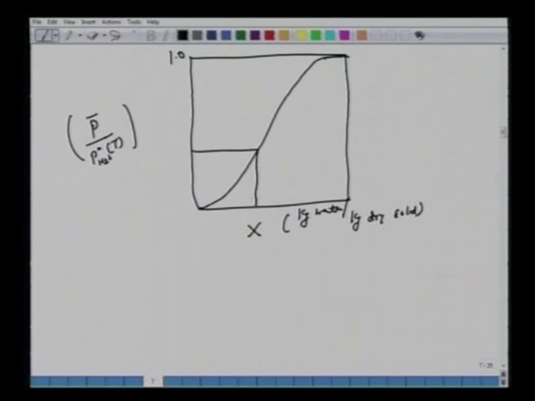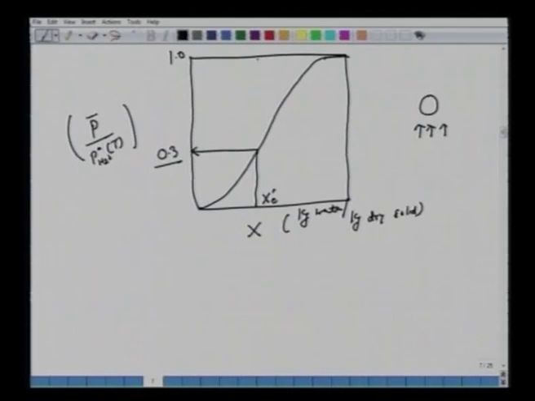We reach corresponding air values. Let's say it says 0.3, which corresponds to the quality of air which has been used to dry this. Corresponding to this we have X star or XE.